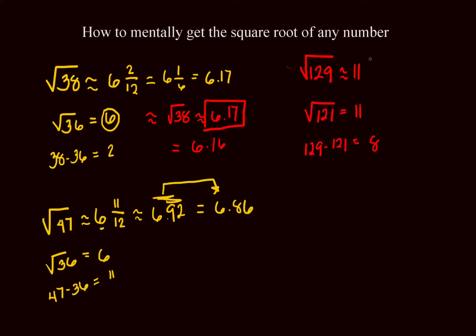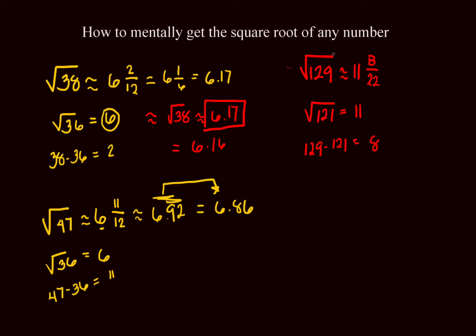So we write down our 8 as our numerator, and for our denominator, again guys, we're just going to get twice the value of 11, and that will just give us an answer of 22.